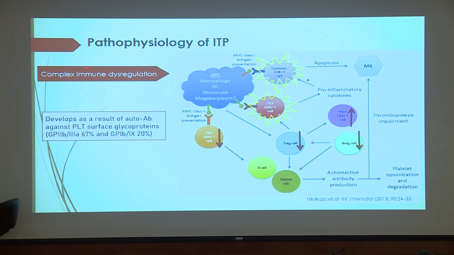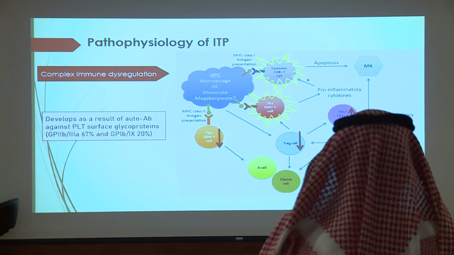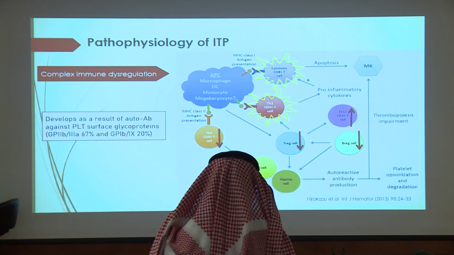It's a complex immune dysregulation, but the main issue here is development of autoantibody against platelet surface glycoproteins, mainly glycoprotein 2B3A for fibrinogen, and glycoprotein 1B9 for von Willebrand factor.